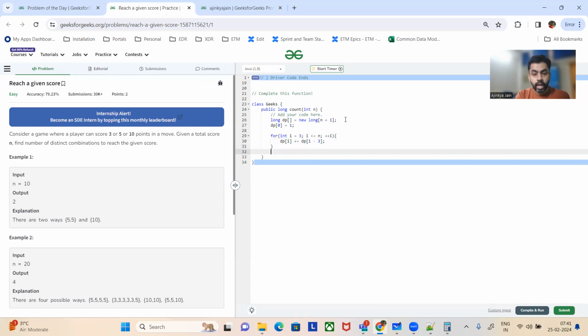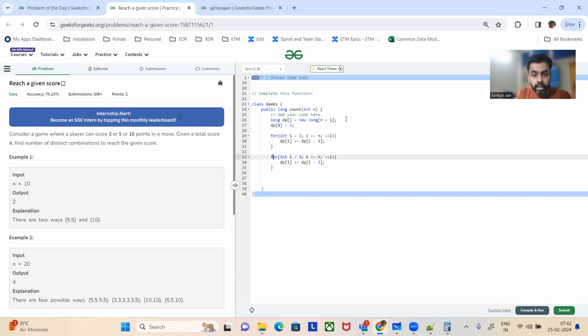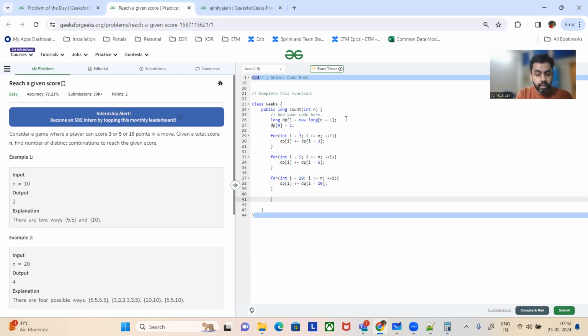Now let's write for score 5, so I equal to 5, and here it is going to be like this. And for score 10, we'll start with 10 only. So this will be the solution. Let's return dp of n.